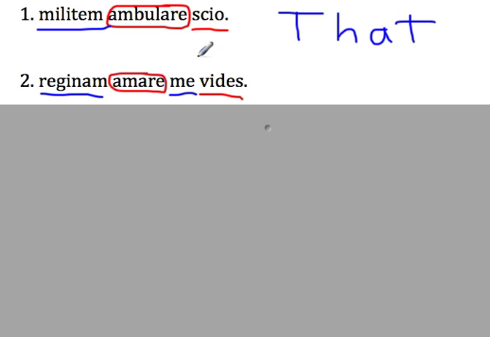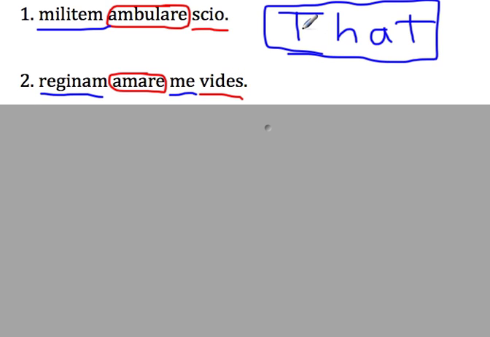It stands to reason that one of them will go in front of the infinitive, just like up here, and that the other will go behind it. And we're still going to have to insert our all-important word, that. So, vides is our main verb. Vides means, think about the subject here, you see that.